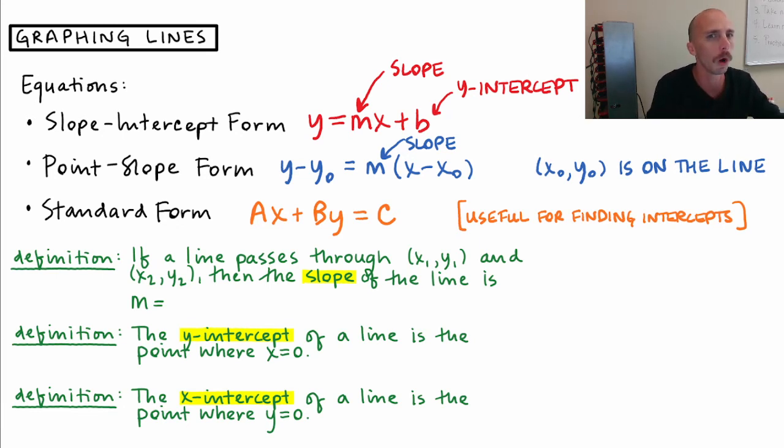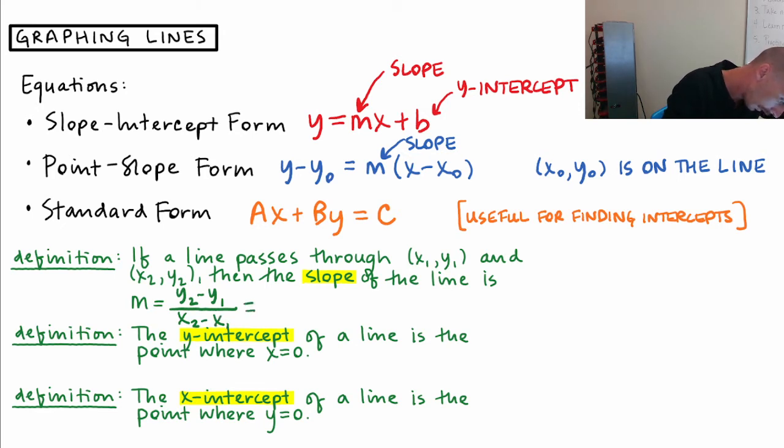So it's going to be how much did y change, because y is how high up we are. So it's going to be y2 minus y1, with respect to x2 minus x1. And this is rise over run.